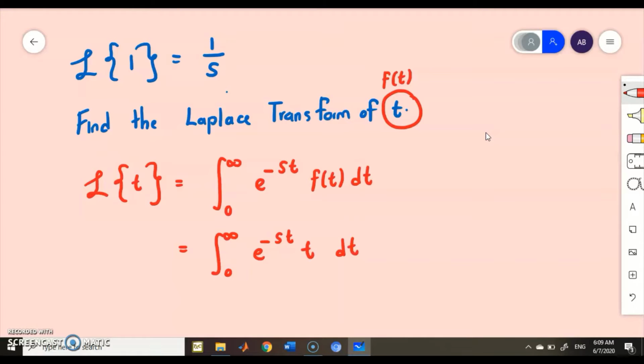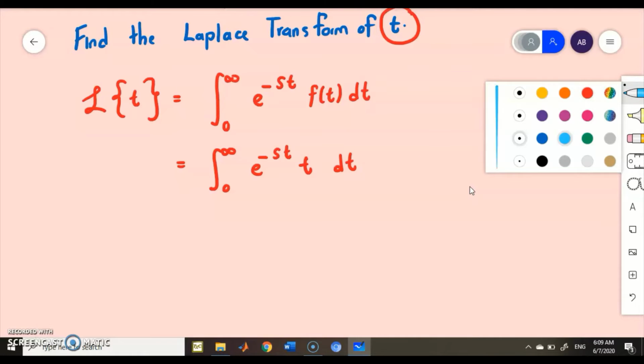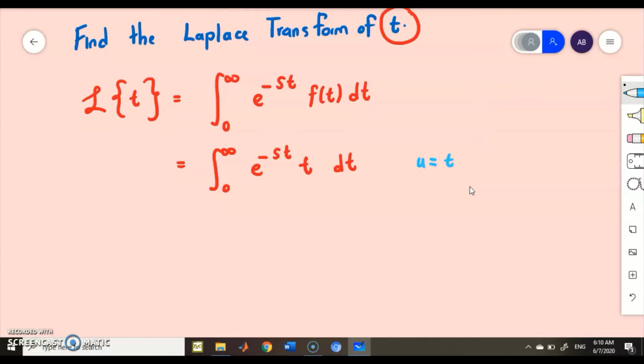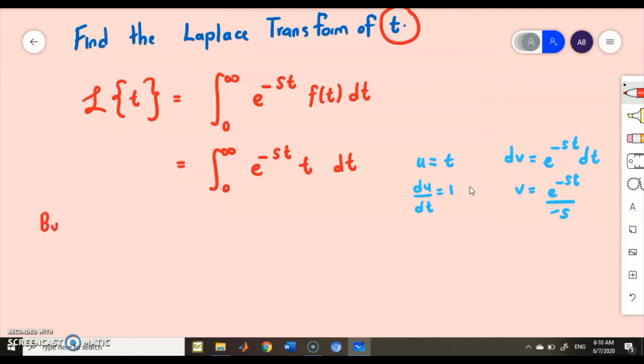Now you have to do integration by parts to solve this. Let u equal t and dv equal e to the negative st dt. Differentiating, du/dt is 1, and integrating dv gives you e to the negative st over negative s.